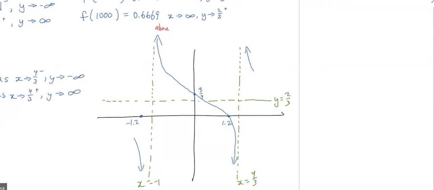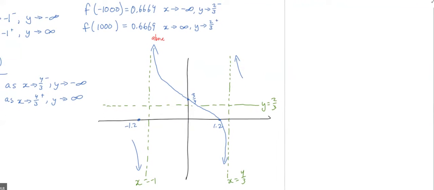Okay, now we have to include our horizontal behavior. And this one is, as I'm going out to the left, I'm approaching from below. So this one's going to go like this. And then the other one says, as I'm going out to the right, I'm approaching from above. So this one's going to go like this.